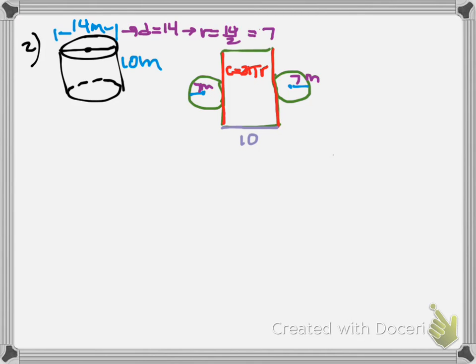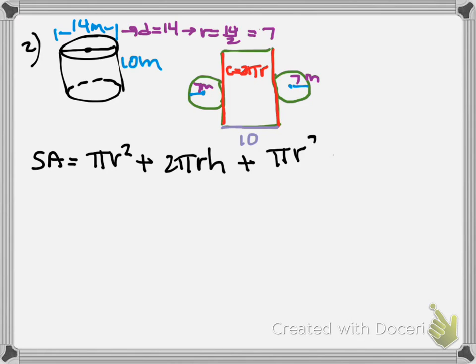So I could figure this out via the net, and I would have surface area equal to the area of a circle plus the area of the rectangle, which would be the 2 pi r times the height, plus the area of the circle. So it's the same formula, it's just kind of split up in two different pieces. And it makes a little bit more sense to say, well, I've got 2 circles, so why do the math separately?